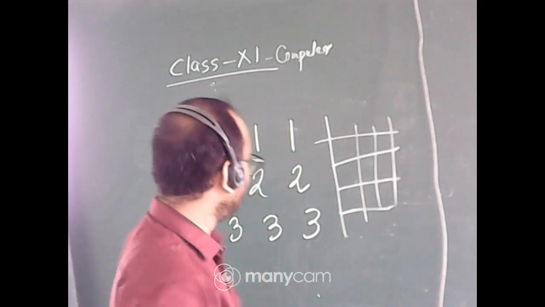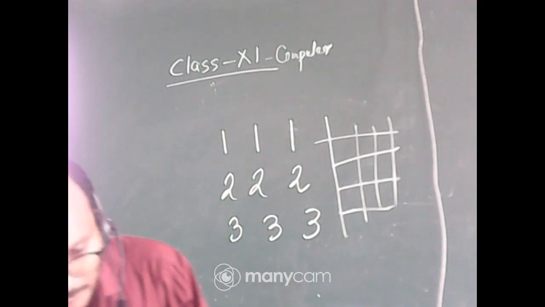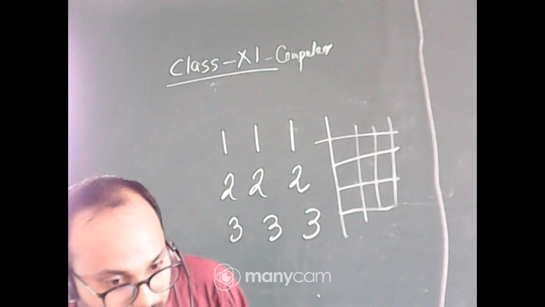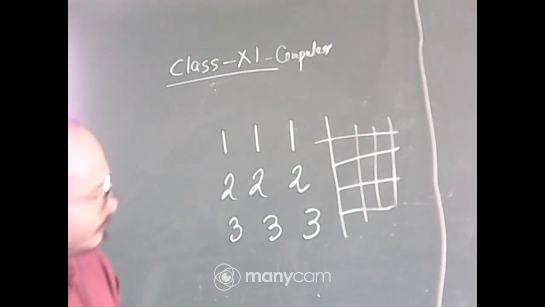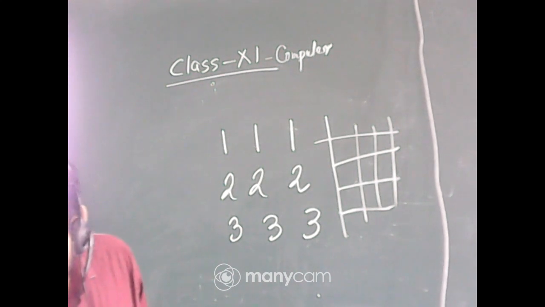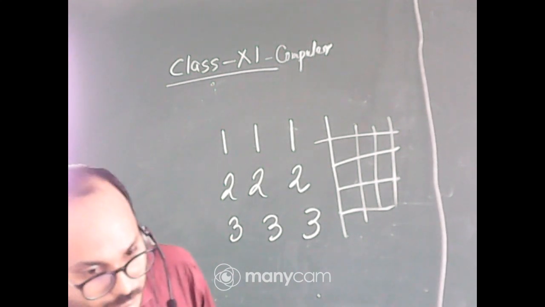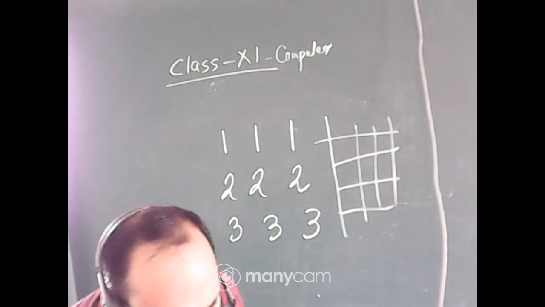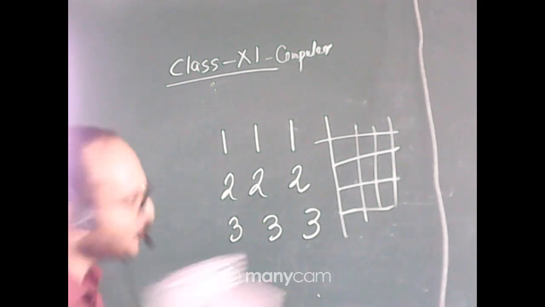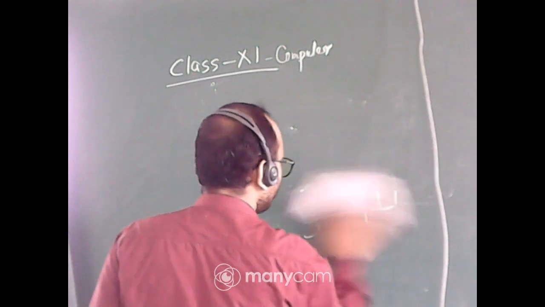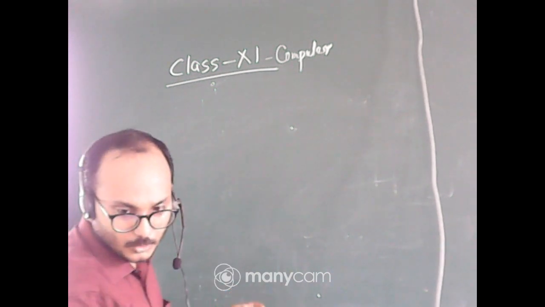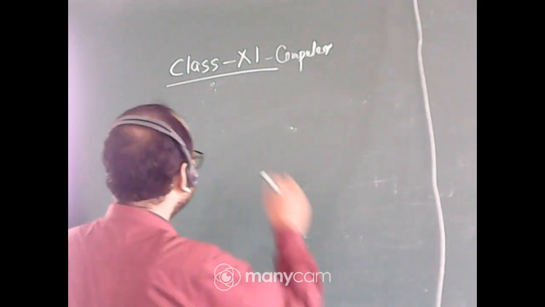Done. Okay. So, what will be the change? Just look at the previous program. In the previous program, we print the j value. So, just change it.